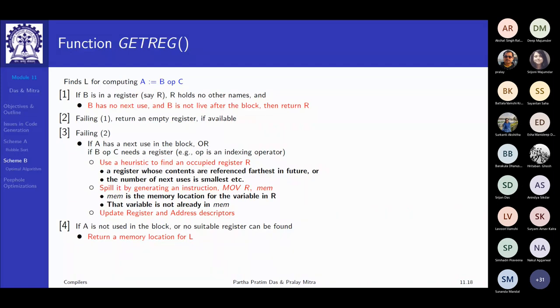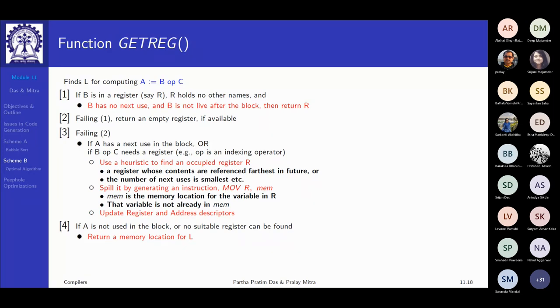But a good heuristic is to find an occupied register whose contents are referenced farthest in the future. Every register has its descriptor, so it has the variables. So you see which one has the farthest reference. It means that register will have to carry the value of that variable for the longest period of time amongst all the registers, so it will be okay to compromise that and use that register.